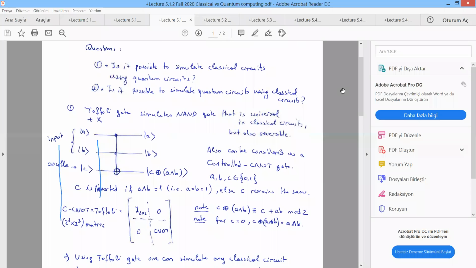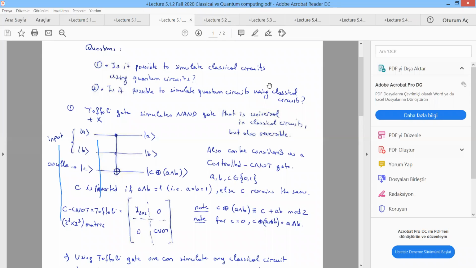As we discussed, Toffoli gates are an answer to the first question. They simulate NAND gates, which are universal in classical circuits, but also at the same time reversible. So any classical circuit that we can build using NAND gates, we can also translate to quantum circuits using the Toffoli reversible circuit, as we discussed.